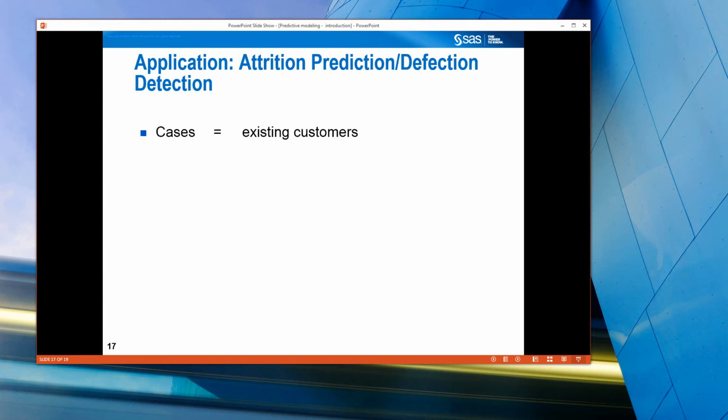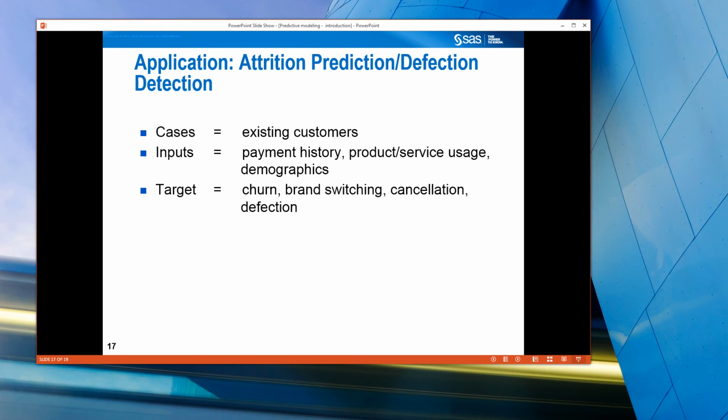Another example would be customers joining a business and then leaving, so attrition and defection rates. Based on the customer's payment history, how much product and service the customer used, and customer demographics, we want to predict whether the customer will stay or leave.